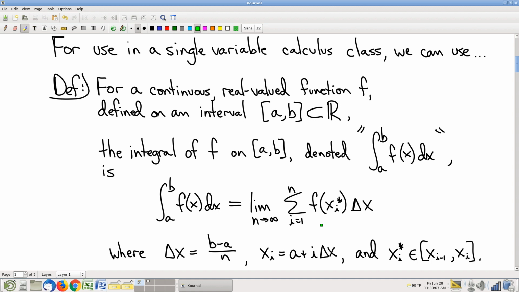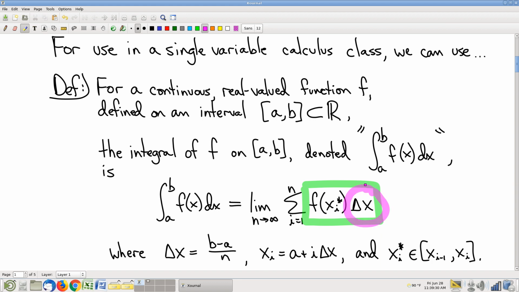Fundamentally, then, an integral is an algebraic expression. It is a summation. The terms in the summation are products. Each one of these terms has two factors. One factor is delta x.